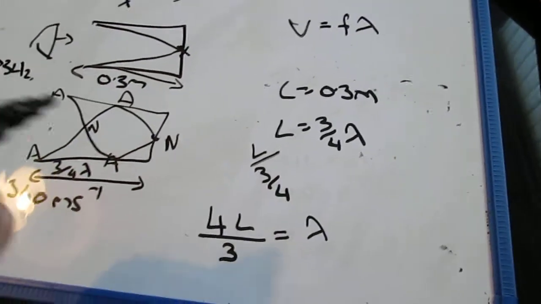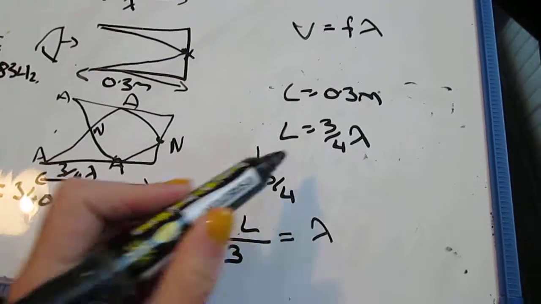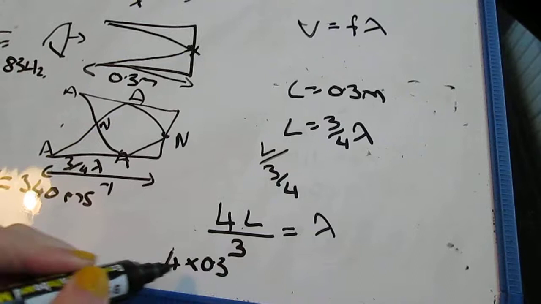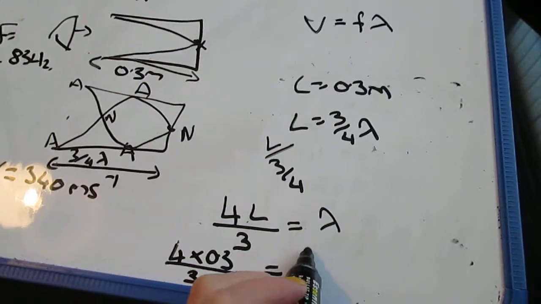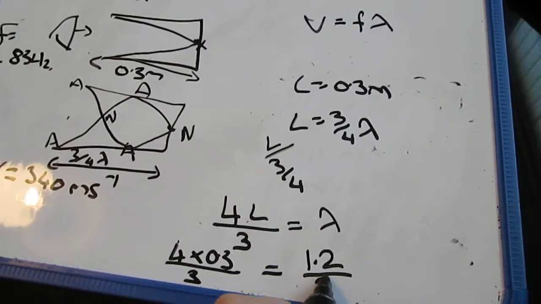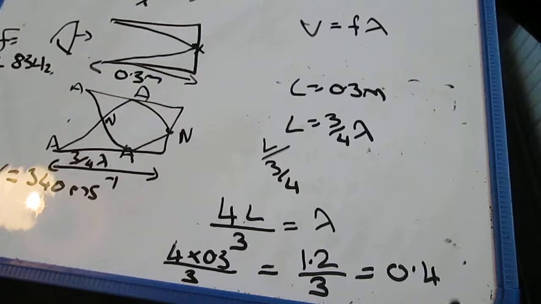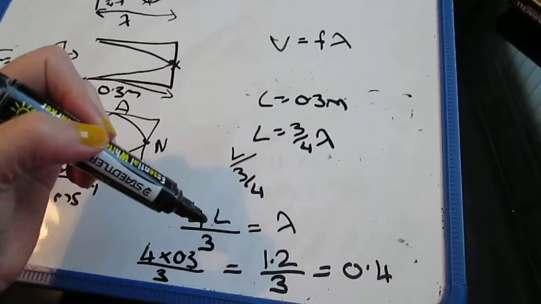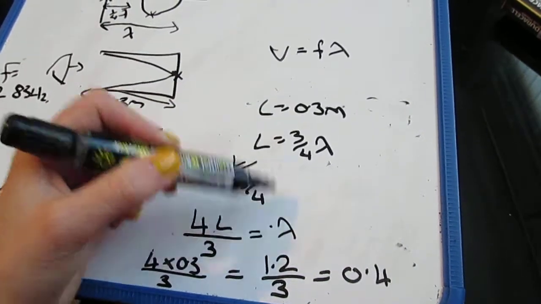Now, in this case, we are going to have L is 0.3, so I'm going to do 4 times 0.3 divided by 3. So that is my 1.2 divided by 3, which should give me 0.4.